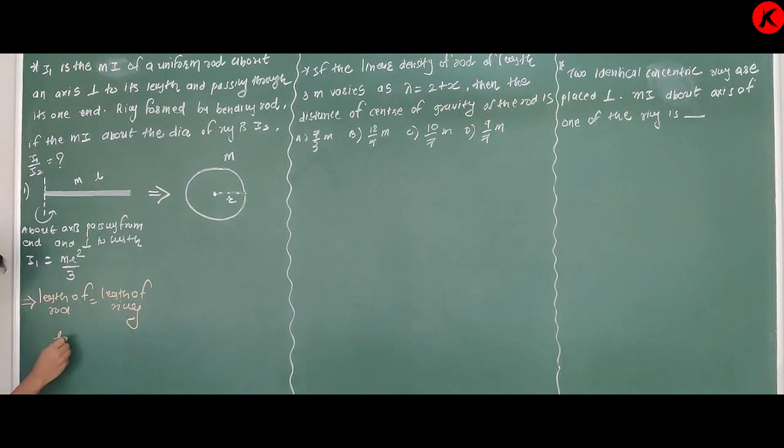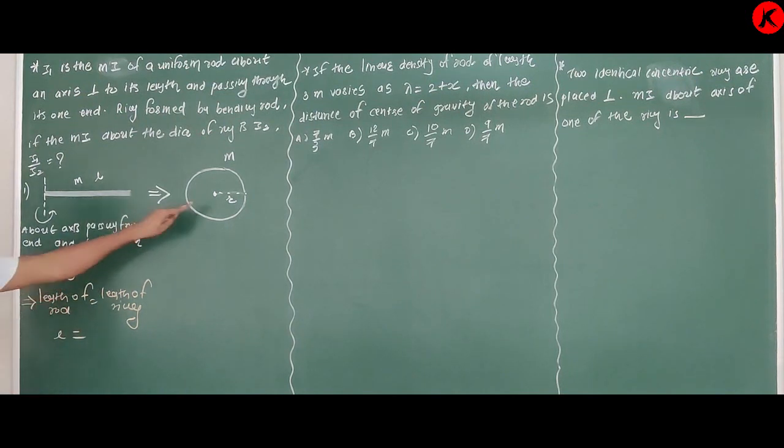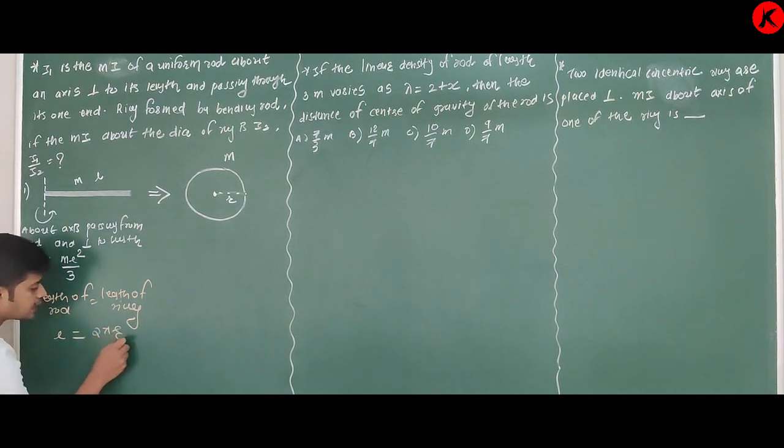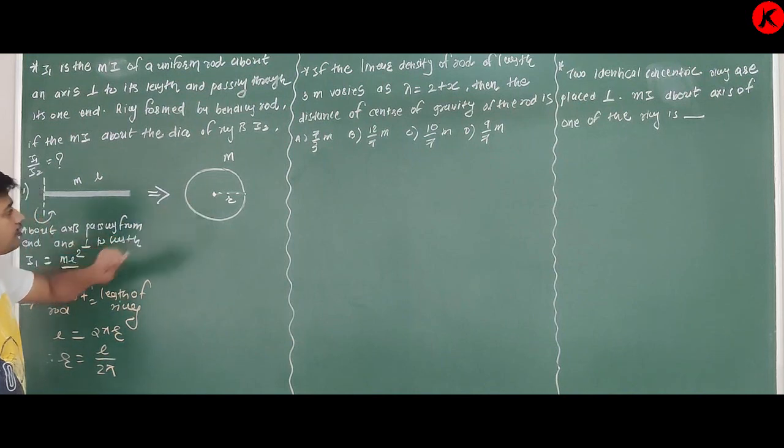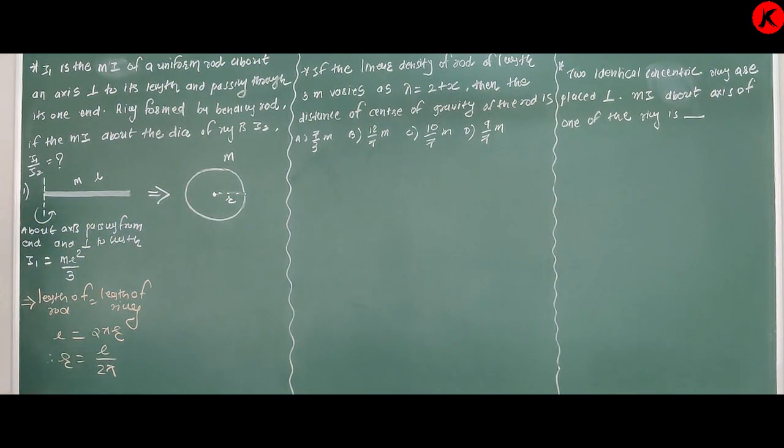The length of the rod is L. The length of the ring means circumference of the ring, which is 2 pi r. Now make r the subject, then r is equal to L upon 2 pi. Clear about this? So the radius of the ring, r, is L upon 2 pi.